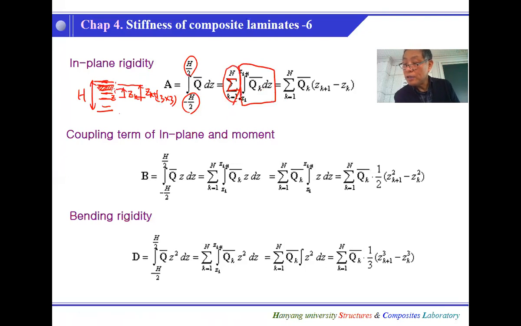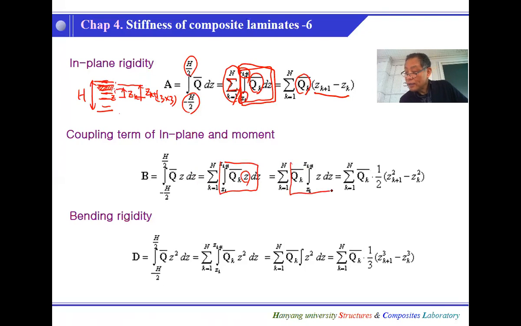So how do we calculate this one for each ply? Fortunately, Q is constant, so constant and integrate from here to there. We just get z_k+1 minus z_k. How about the B matrix? Exactly the same procedure, but the only difference is that Z is integrated over each ply.